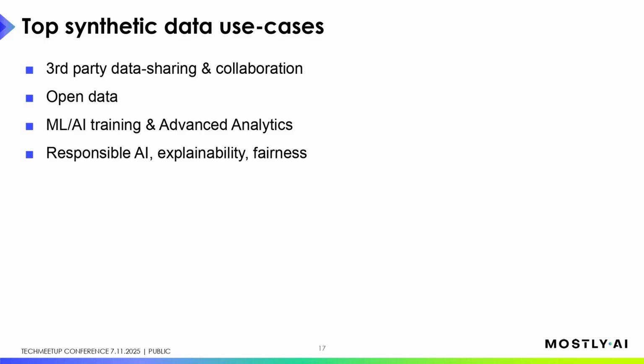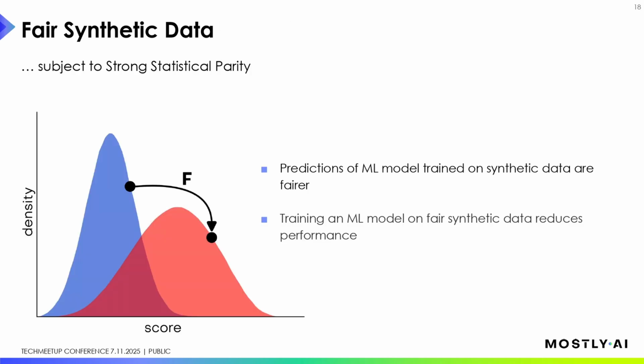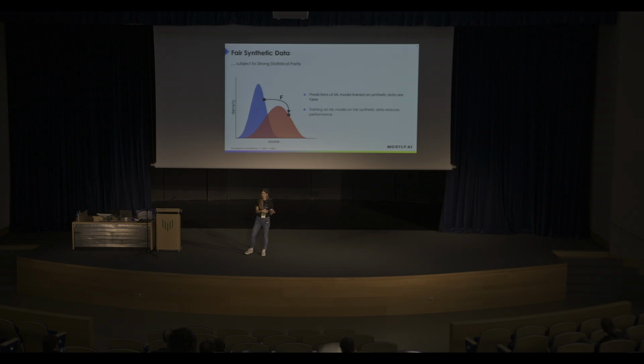The open data and data access. I will just go through it quickly, because if you have your original data, there is a bias in this data. Since the neural network learns the patterns in the original data, it will be reflected also in the synthetic data. So if there is bias in the original, it will be in the synthetic data as well.